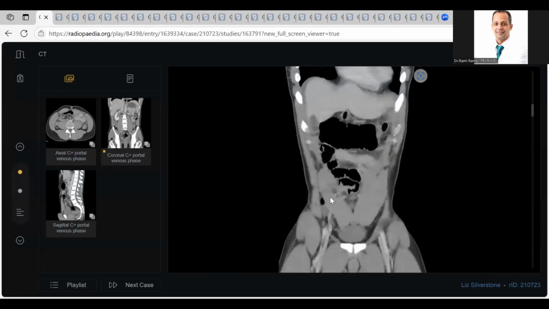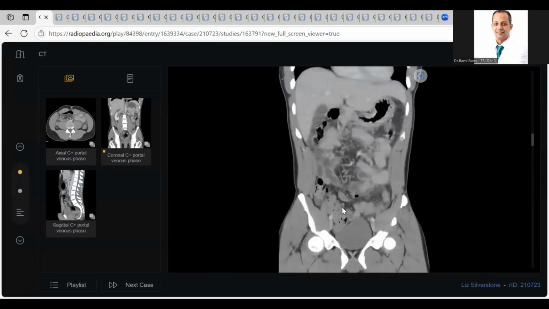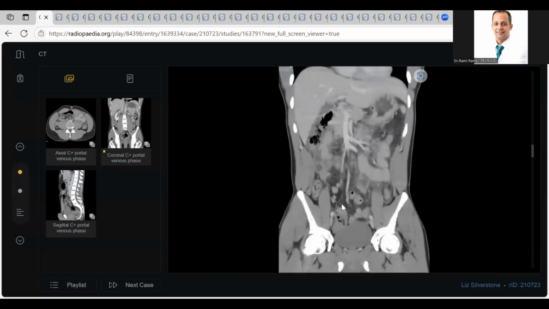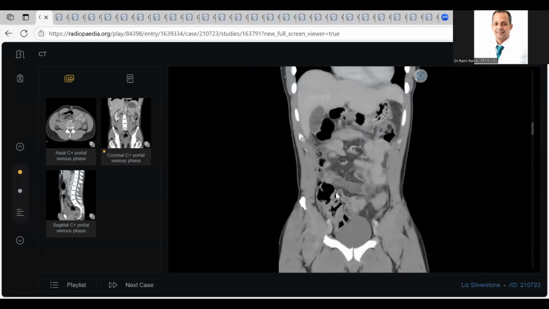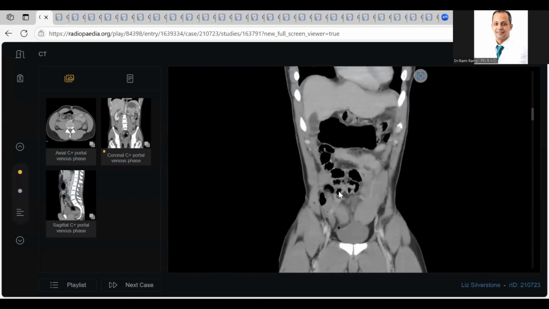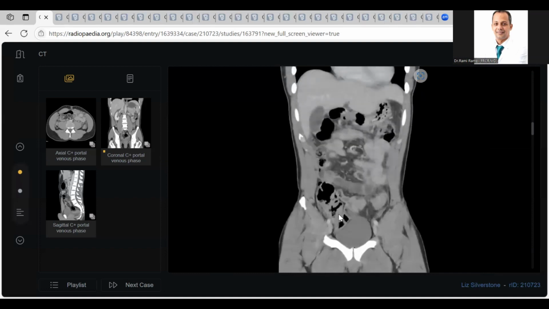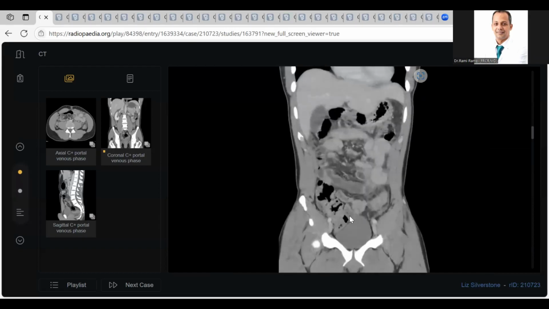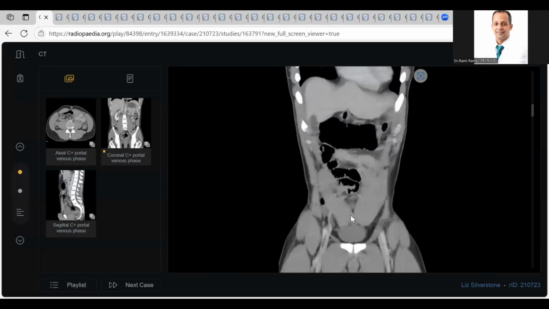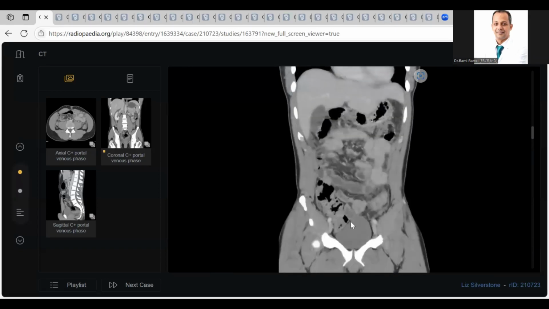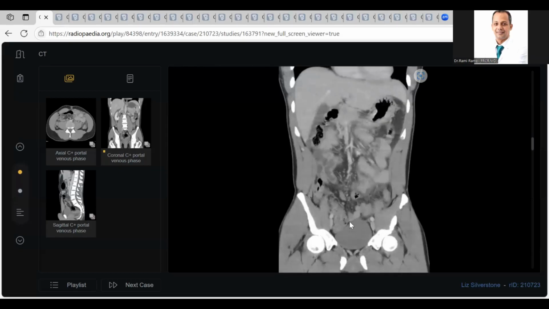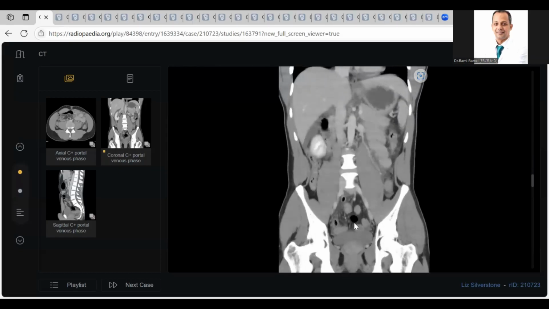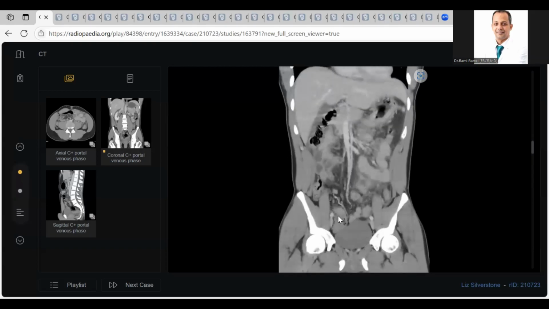Can I zoom the image a bit, if possible? No, it is very clear. Okay, I think this is the appendix. No, not this one. Which hollow viscus has the maximum thickening and maximum surrounding stranding? It is not over here.